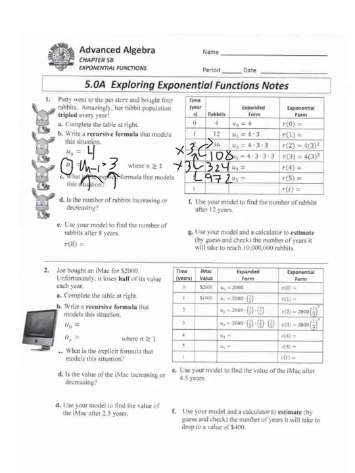We took the term before it, 324, and multiplied by 3. So that's what this part is saying. Any term equals the term before it times 3.